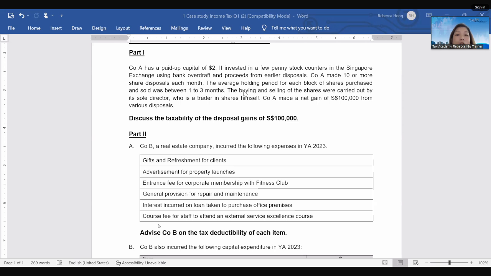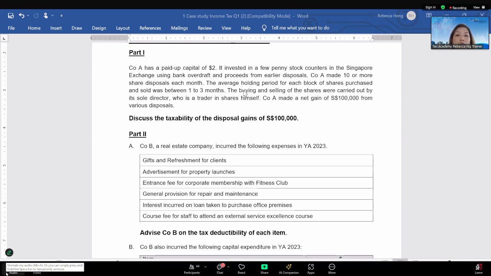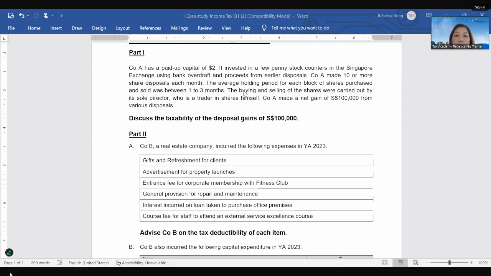He may not have enough money to hold, and also he's a trader. He will buy and sell the shares when appropriate, right? So all these point to what? The gain on disposal, is it likely to be revenue or capital in nature? Revenue. Okay, it points to being revenue in nature, and is it taxable?